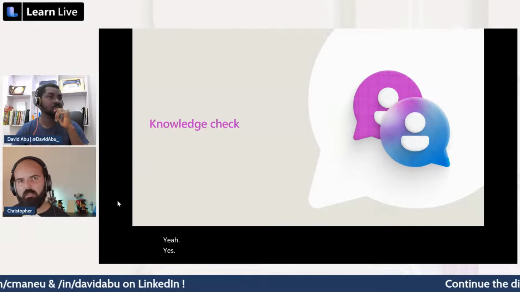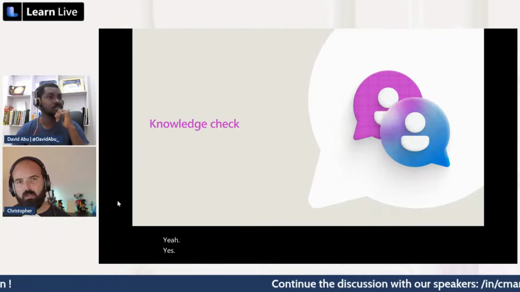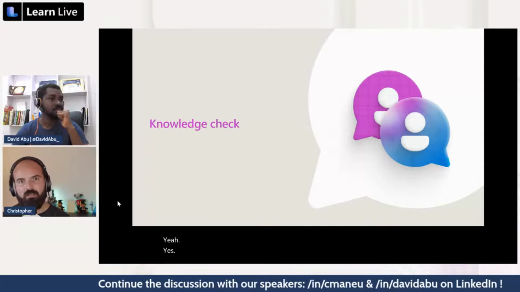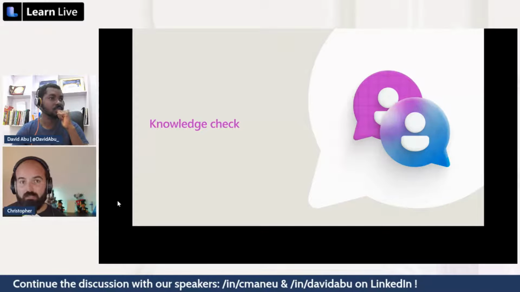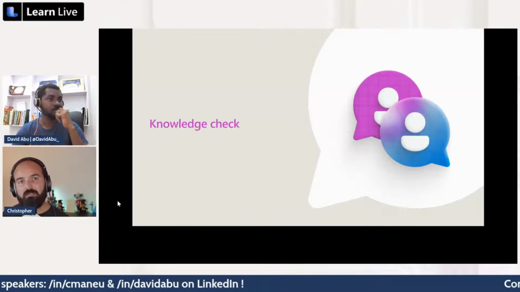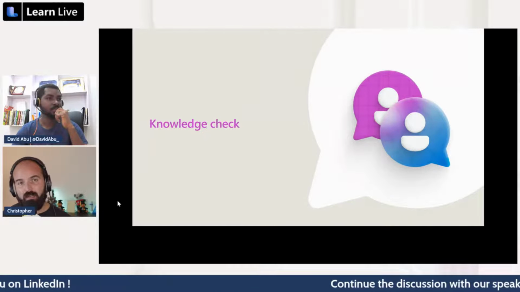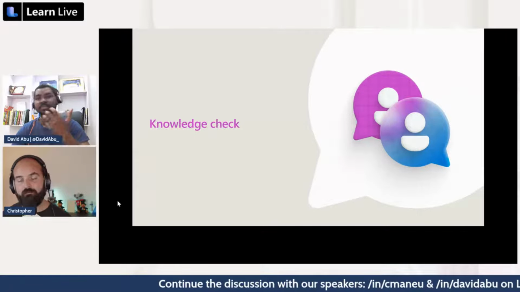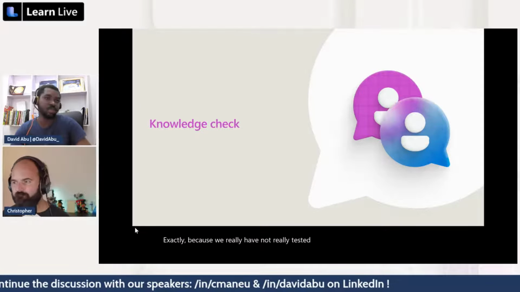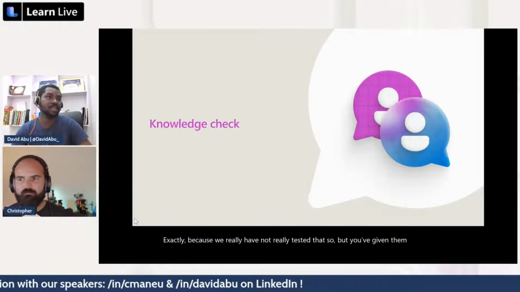I would probably use notebooks for that, because within the Spark notebook, you can easily read only a subset of the data, it infers the schema, and you can create a table based on the schema of a source data file and not using the actual data in that file. Exactly. I've not really tested that, but you've given a very good answer.